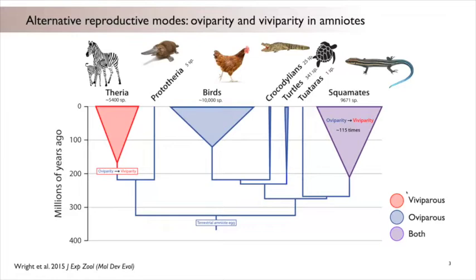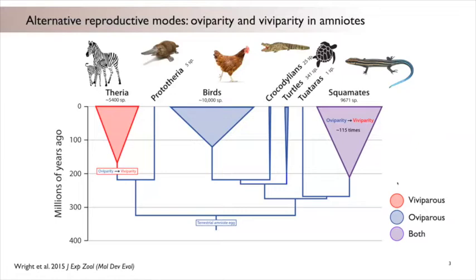So the two major alternative reproductive modes that we have in amniotes are, of course, viviparity, also called live bearing or live birth. This is when the offspring comes from the mother fully formed as a neonate, as an independent living individual.